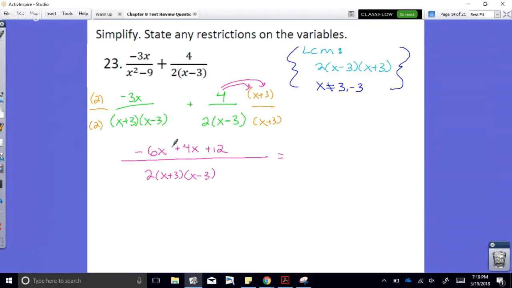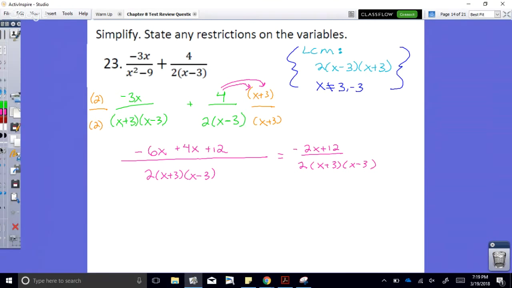Okay, if I combine this, negative 6 plus 4 is negative 2x plus 12. My denominator is still 2 times x plus 3 times x minus 3. And if the numerator doesn't cancel or doesn't factor, then we're done here.